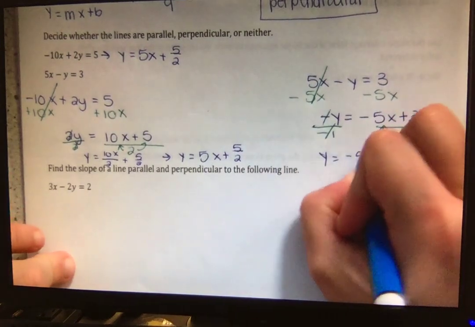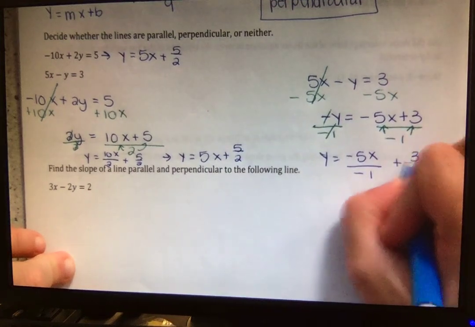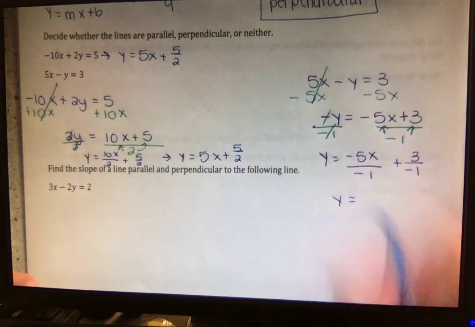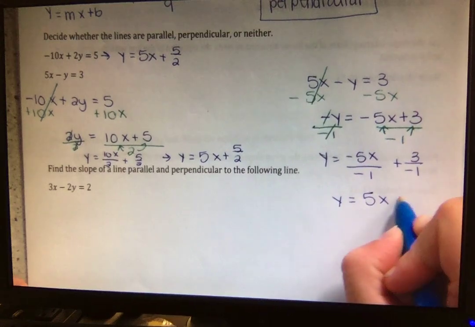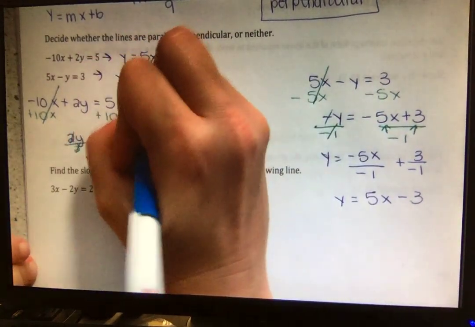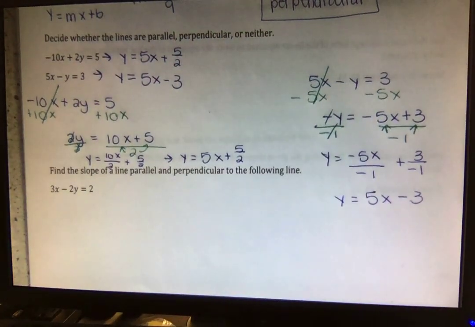So y equals negative 5x divided by negative 1 plus 3 divided by negative 1, which simplifies down. Negative 5 divided by negative 1 is 5x. 3 divided by negative 1 is minus 3. So this becomes y equals 5x minus 3. Whew, now the hard part's done.